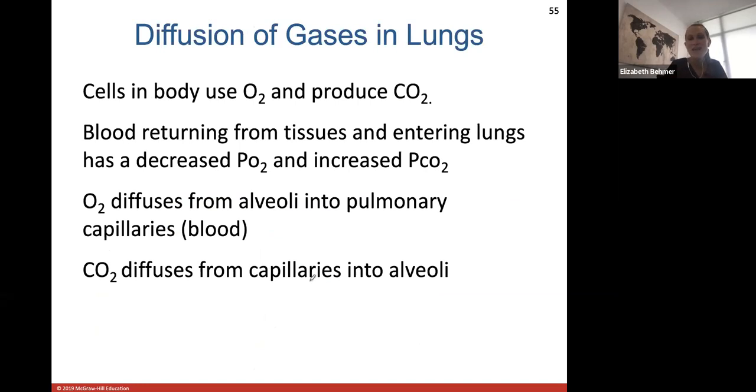Diffusion of gases in the lungs. The cells in your body use oxygen to create energy, and they produce carbon dioxide as a waste product. Blood that comes back from tissues and enters your lungs will have decreased oxygen partial pressure and increased carbon dioxide partial pressure, because it's coming from your tissues to your lungs to get rid of that carbon dioxide as a waste.